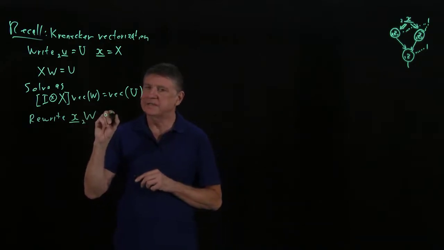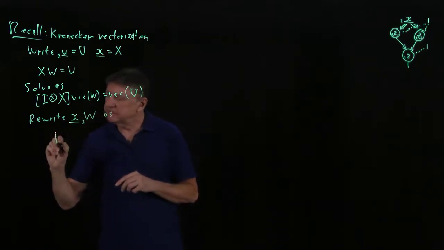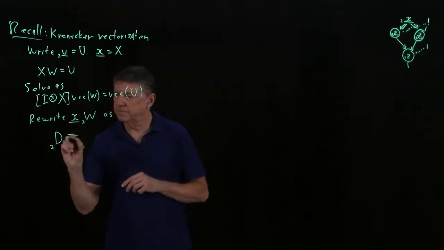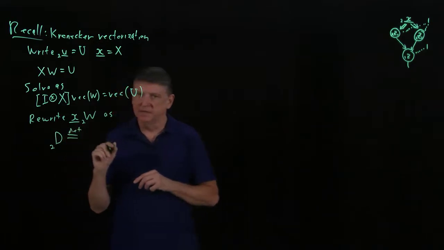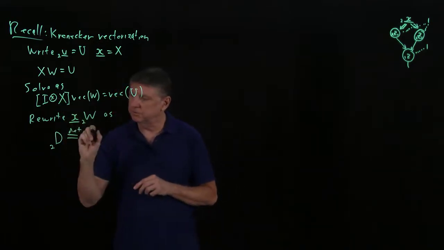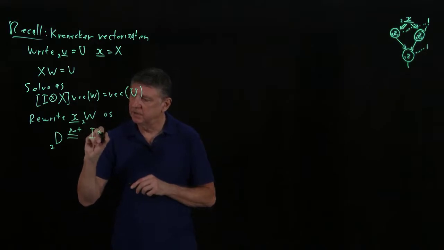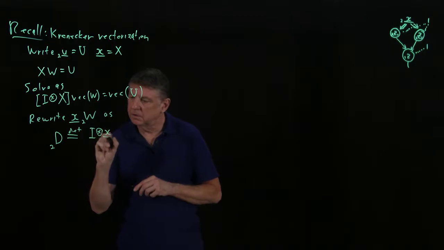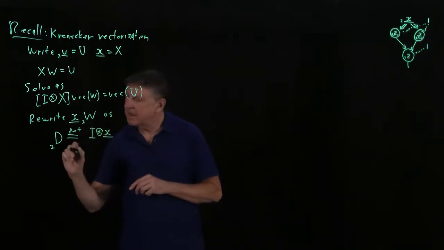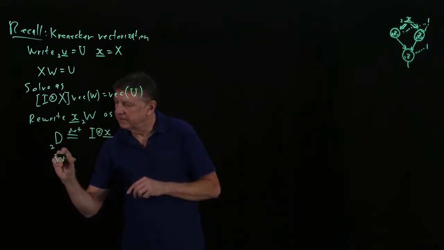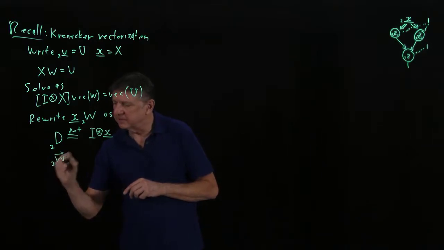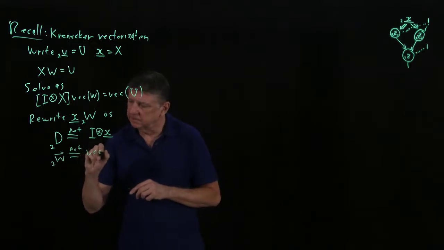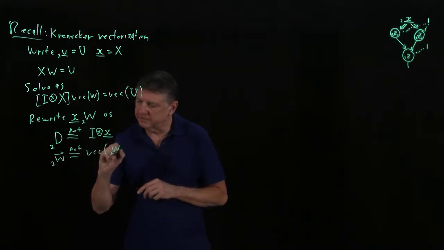And let's define a block diagonal matrix for layer 2, and we'll define that to be this term, which is the identity Kronecker product with our data. And let's define the weight vector at layer 2 as the vectorization of the weight matrix for layer 2.